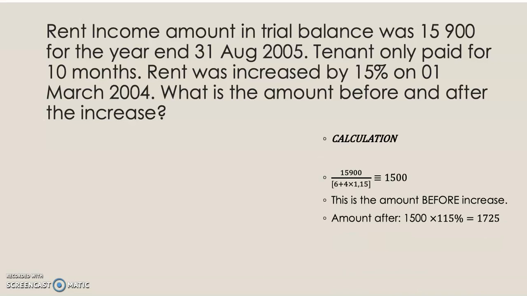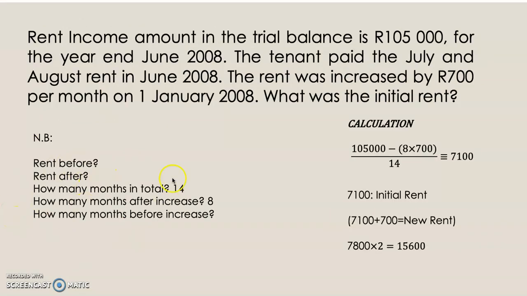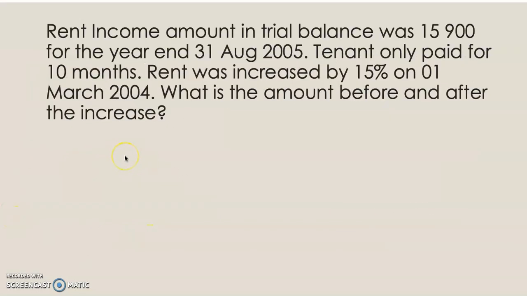I say that this was the total amount, right here at the top. And then I ask myself, what is the total amount of months? Just like in the calculation before, you always have to ask yourself all these questions. So how many months in total? 10 months, not 12.